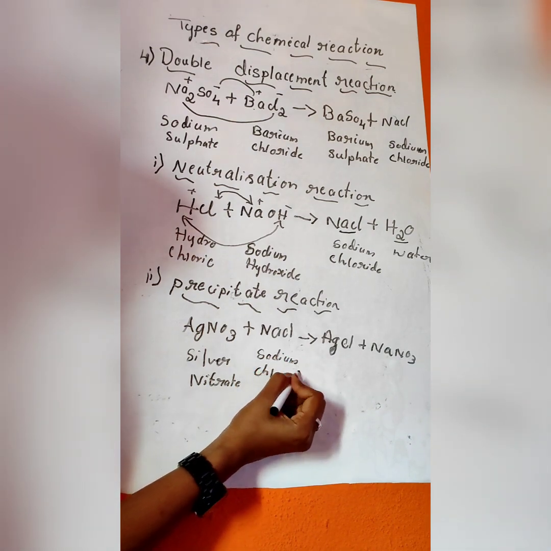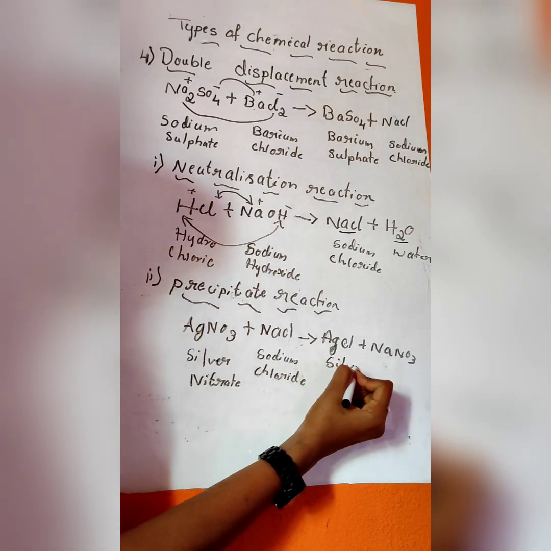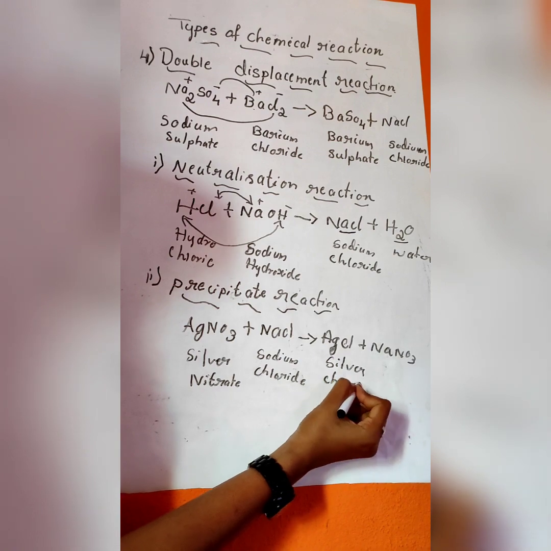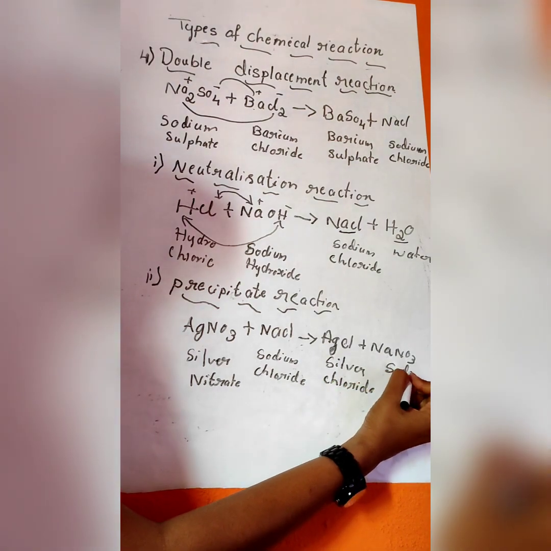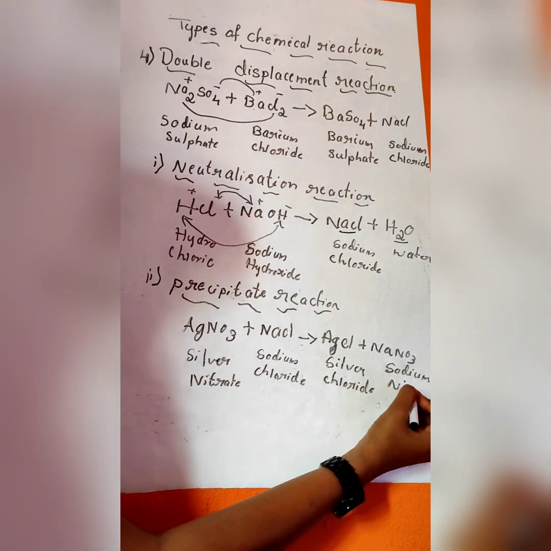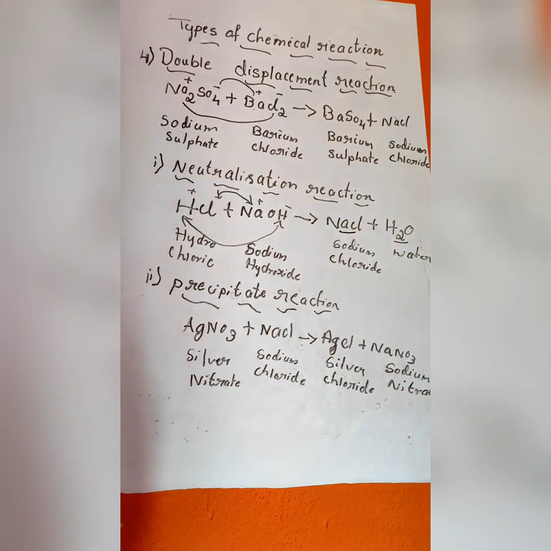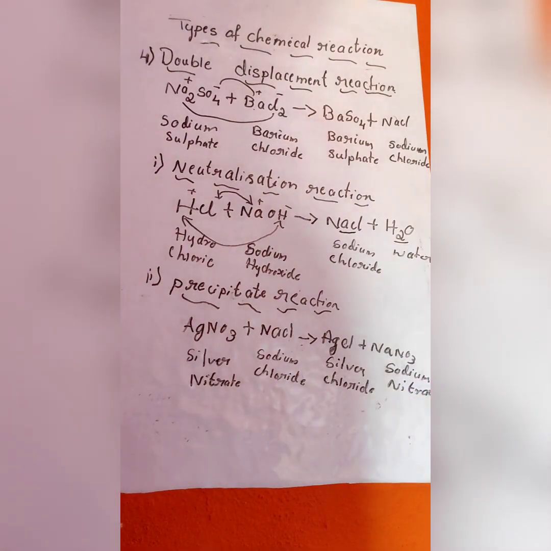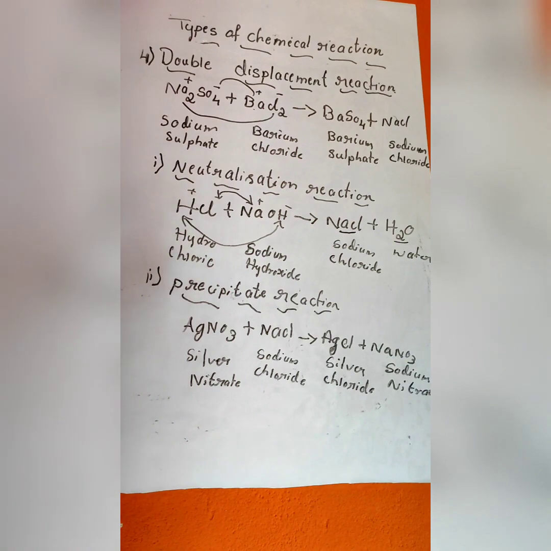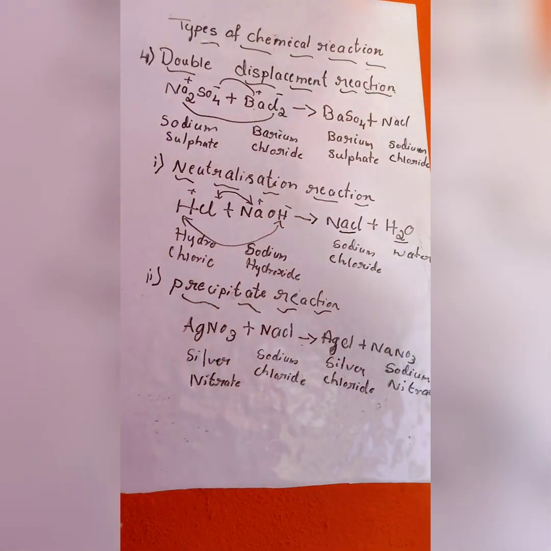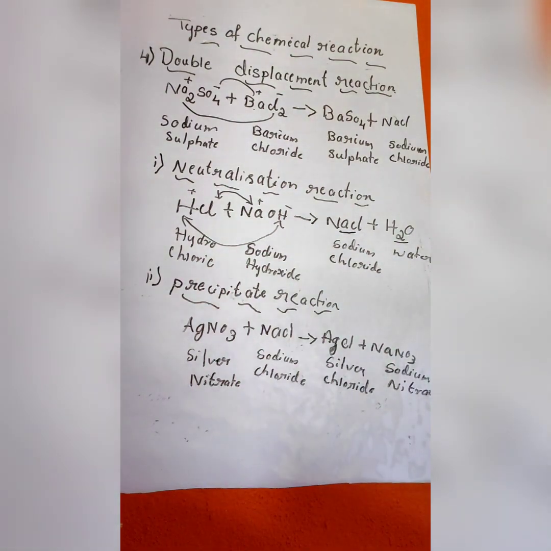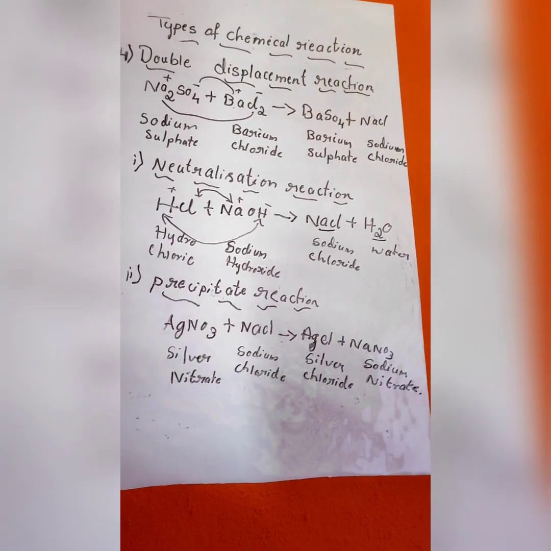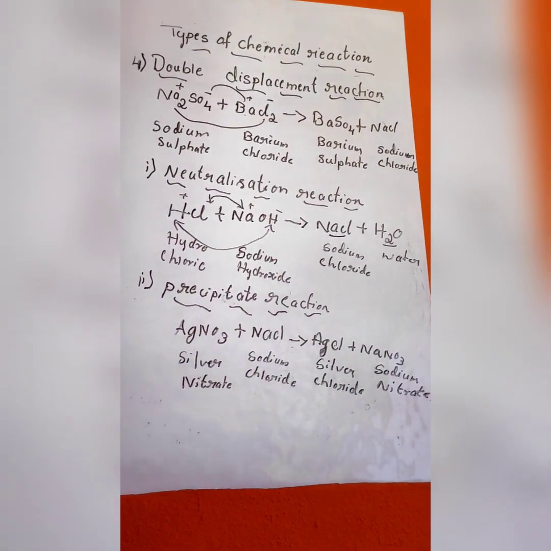Silver nitrate, AgNO3, reacts with sodium chloride forming silver chloride plus sodium nitrate. Names I am writing down also. So all these three are examples for double displacement reaction. These are the four types of chemical reaction.